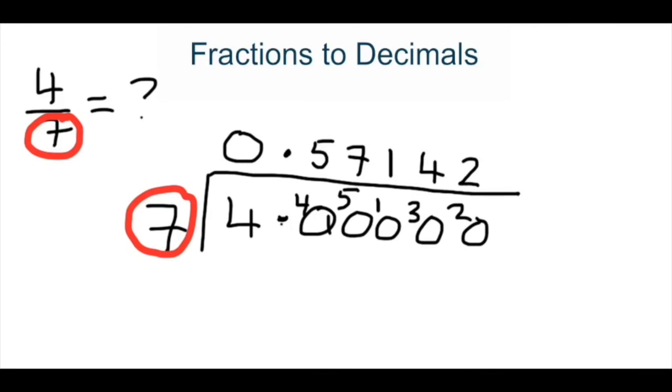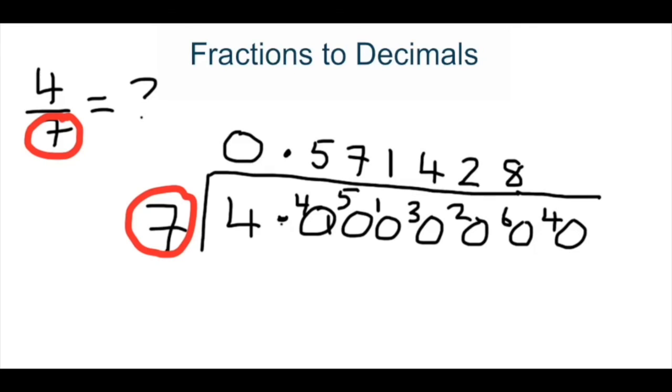So we put 2 up here. 14 is 6 away from 20. So we put a 6 here. And we ask ourselves how many 7s go into 60. And the closest is 8 times 7, which is 56. So we put 8 up the top. And 56 is 4 away from 60.